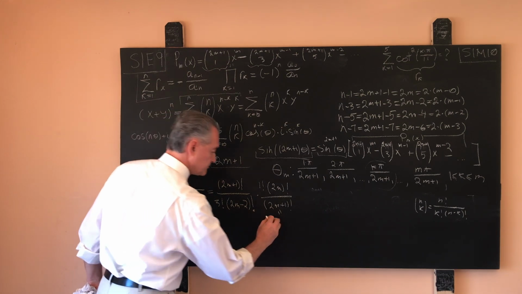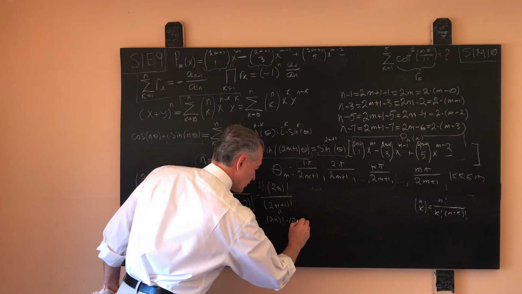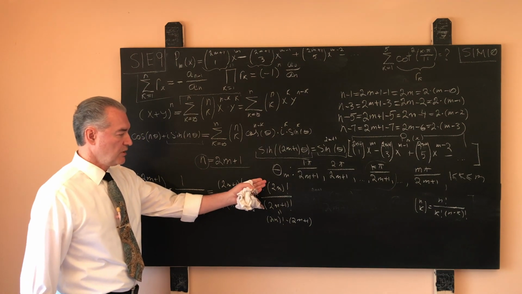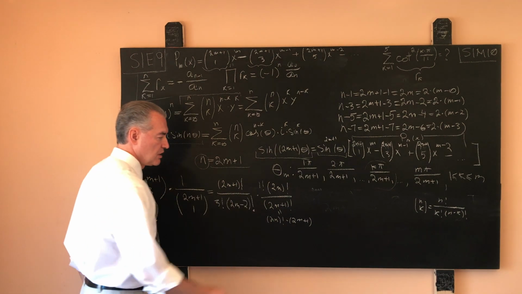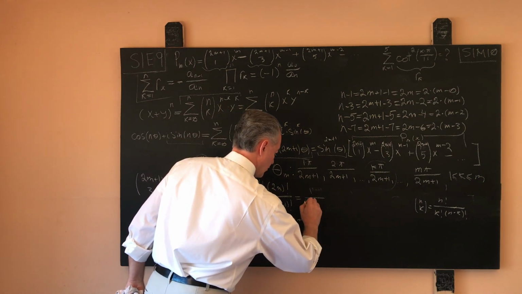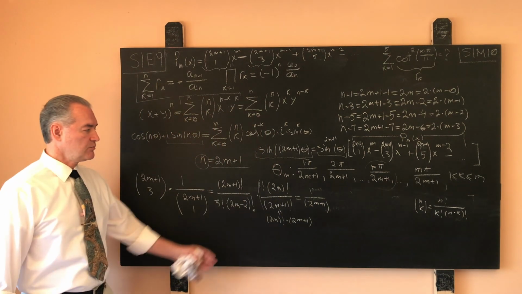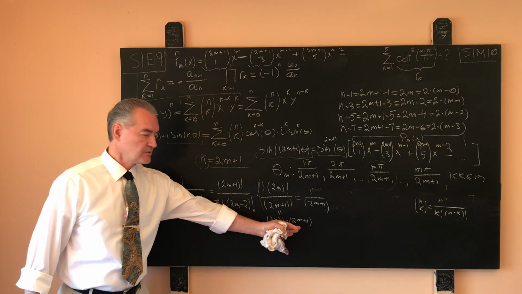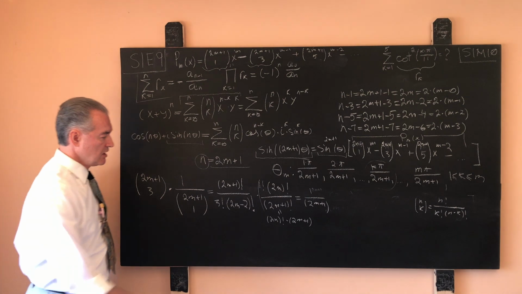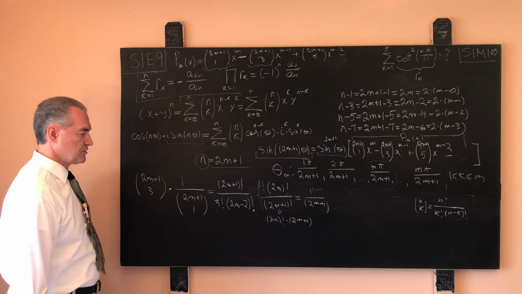This guy is what? 2m factorial times 2m plus 1. 2m factorial and 2m factorial cancel each other out, and we're left here for this guy with 1 over 2m plus 1.